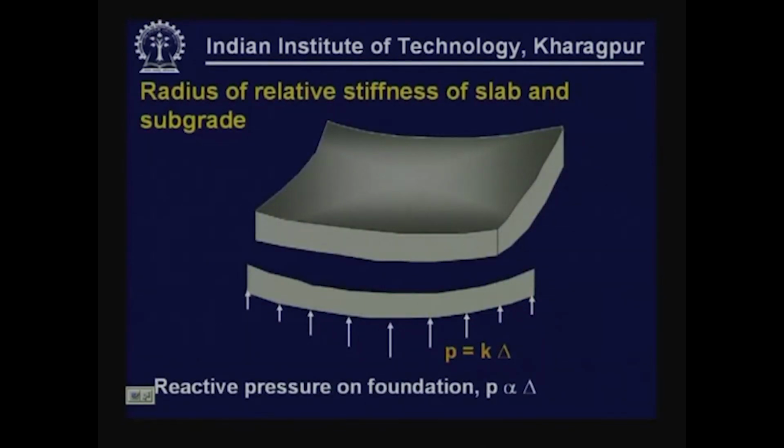There is a parameter that we normally use to represent the relative stiffness of the slab and the subgrade. Slab will have one stiffness, foundation will have a different stiffness. To have an index which represents the relative stiffness of the slab with reference to the subgrade, we use the term called radius of relative stiffness.